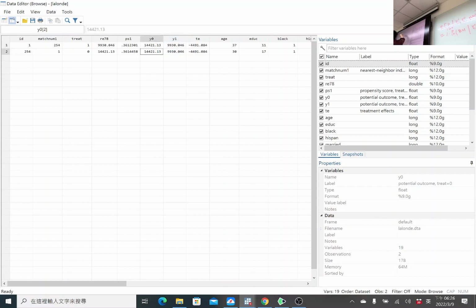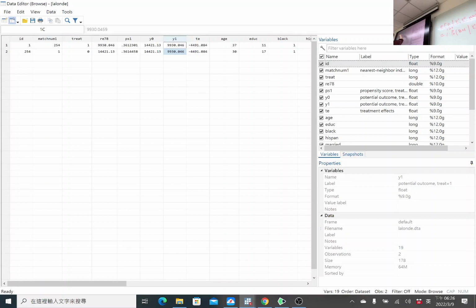So this 40,000-something US dollar is from this matched sample. Then comparing y1 and y0 using this propensity matching, you get a treatment effect for this individual.